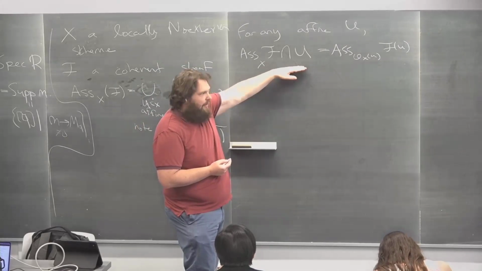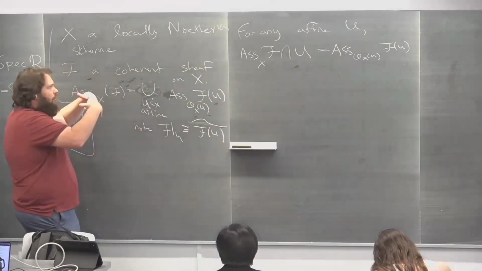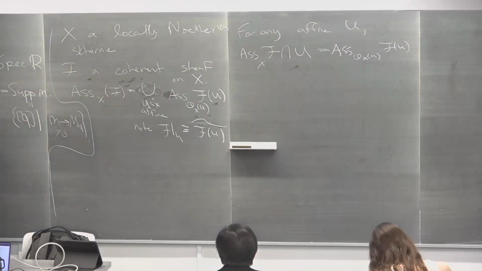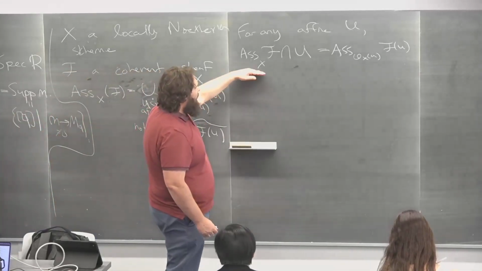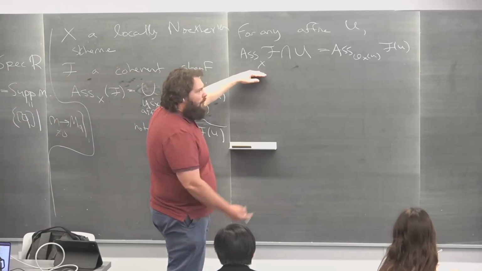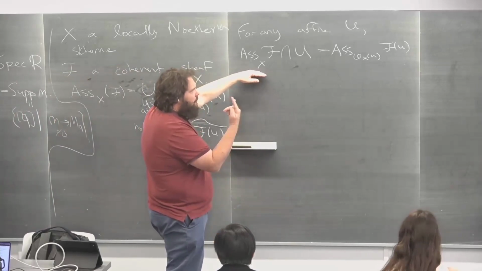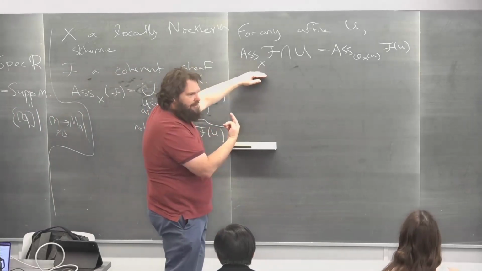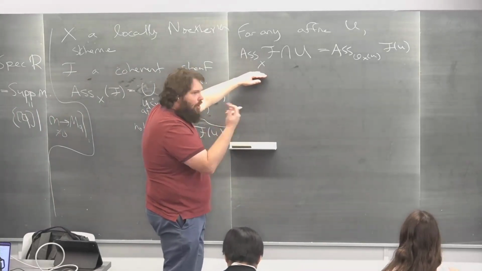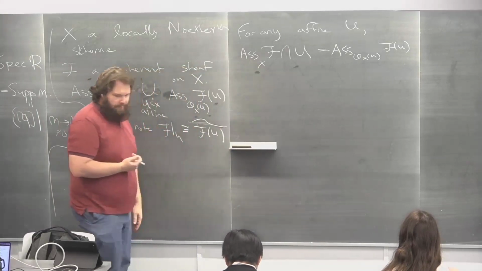And then anytime I have two affines inside X, I can cover their intersection with open affines which are distinguished in both. So this is exactly saying that if from the perspective of one affine subscheme you look like an associated point, then if you look at any other affine subscheme containing this point, you will also look like an associated point.